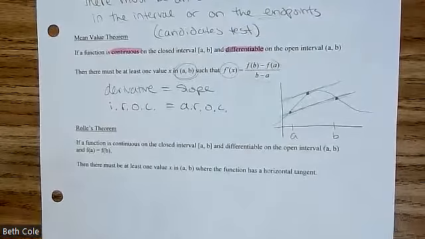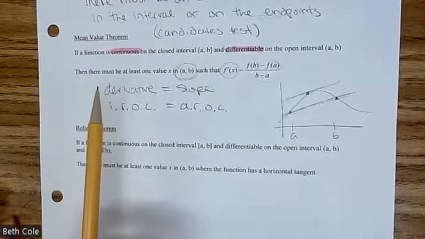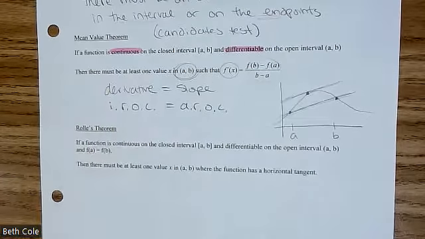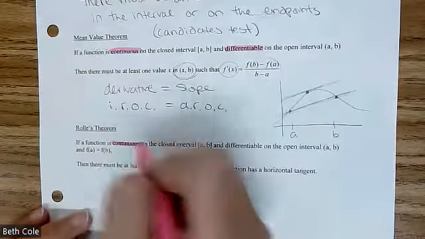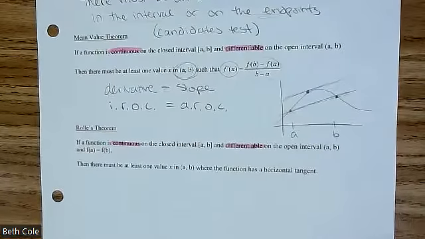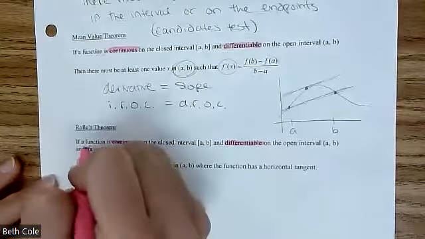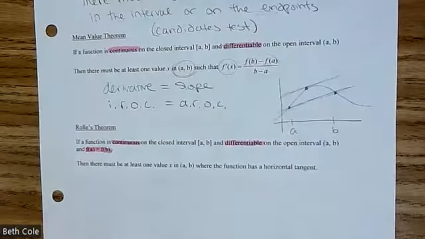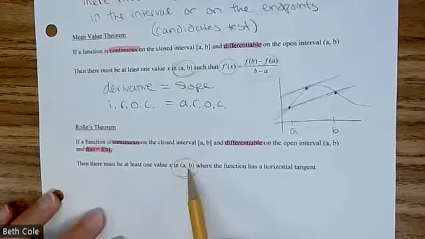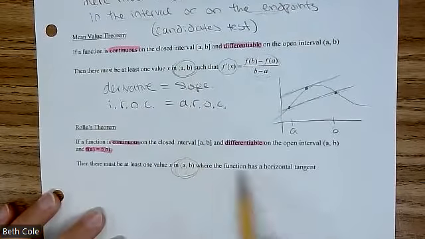So Rolle's theorem is mean value theorem. There's debate even bringing it up. It's just like a special case of it. So it's if your function is continuous on the closed interval, differentiable on the open interval, and they throw in this third thing, f of a equals f of b. Basically what it's saying, it starts and ends at the same place. So if you start and end at the same place, then there has to be one value, and look, it can't be an endpoint because it's really the same theorem, where you get a horizontal tangent line.